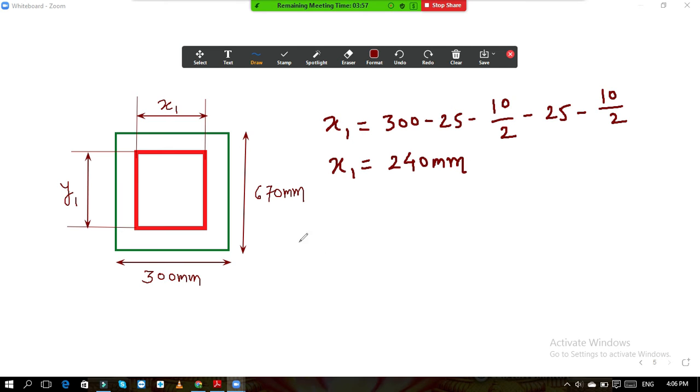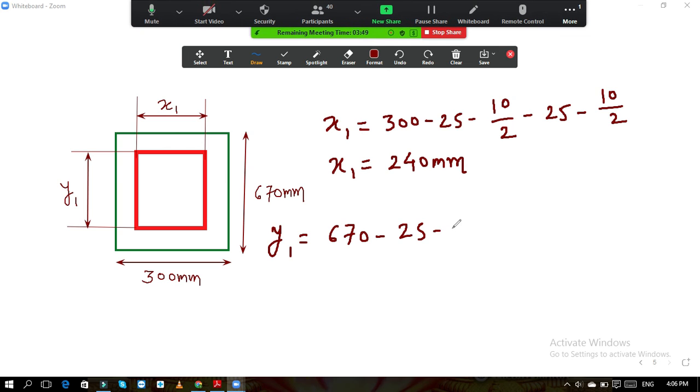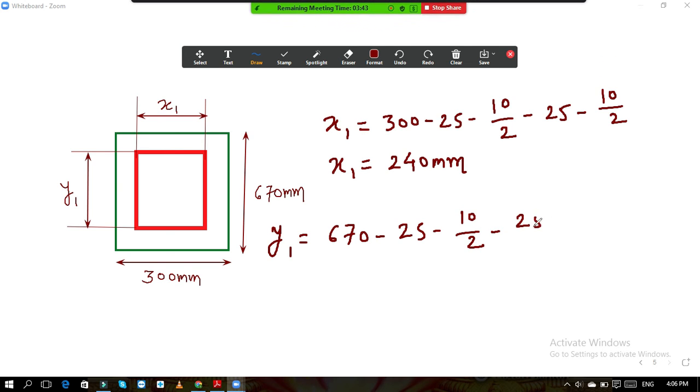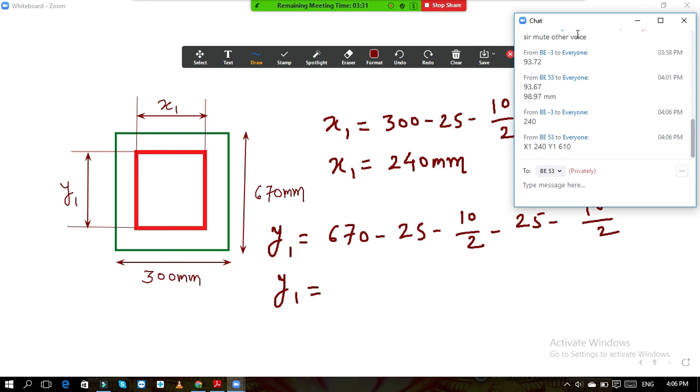Similarly, y1 is equal to 670 minus 25 minus 10 by 2, again minus 25 minus 10 by 2. If we solve, y1 is 610.